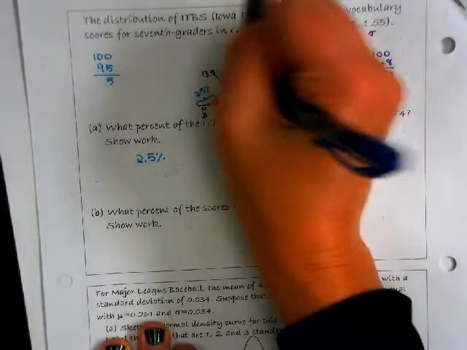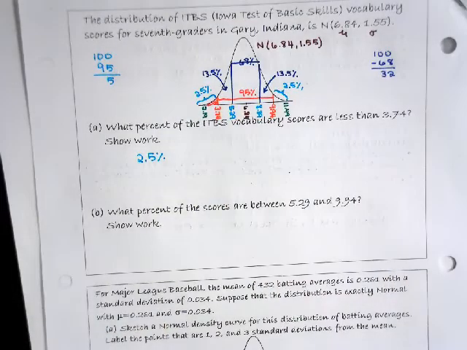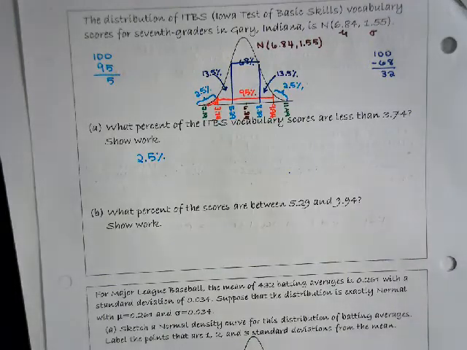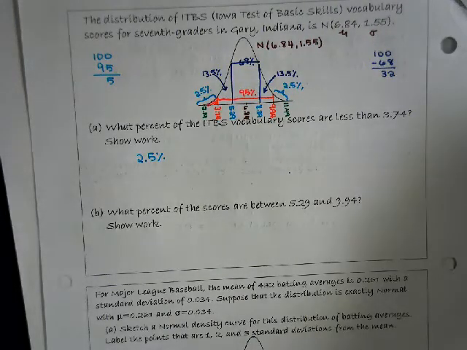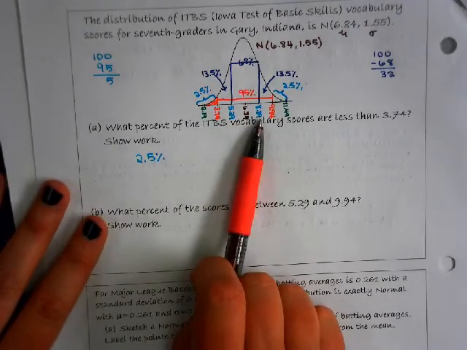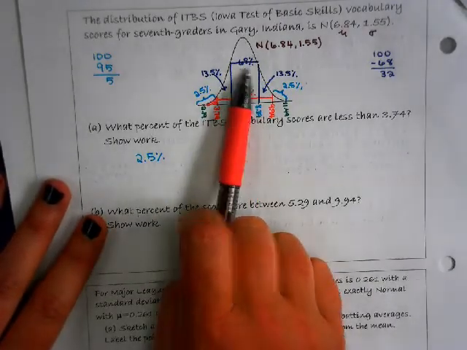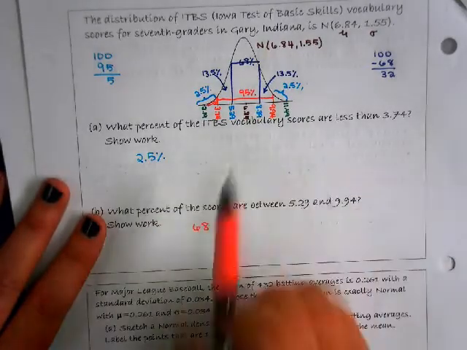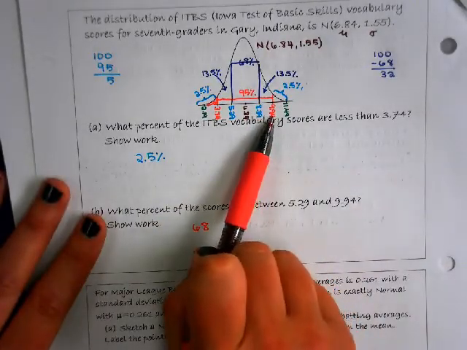Now the question is, what percent are between 5.29 and 9.94? 5.29 up to 8.39 is 68%. And then from 8.39 up to 9.94 is 13.5%. So when I add those two together, I get 81.5.